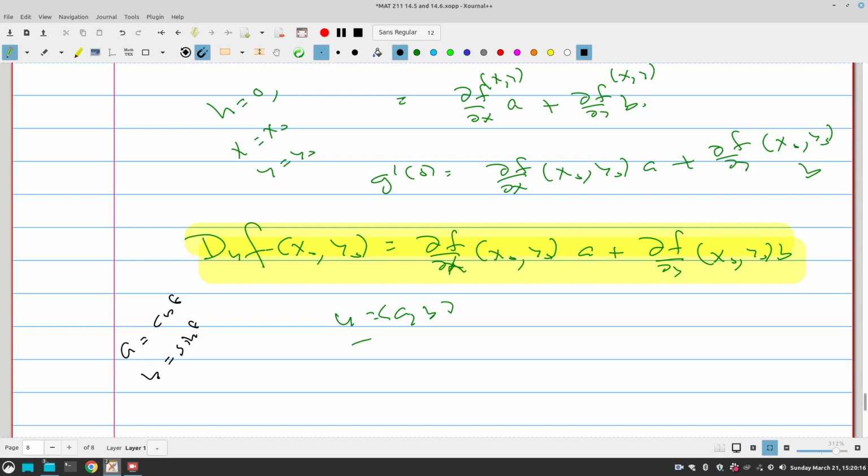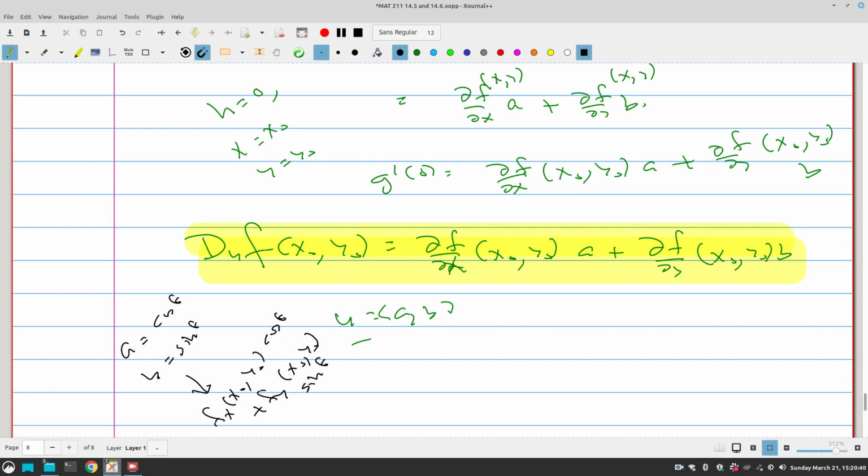Then this would be df over dx at x naught y naught times cosine theta plus df over dy at x naught y naught times sine theta. So you'd have f_x at x naught y naught cosine theta plus f_y at x naught y naught sine theta.